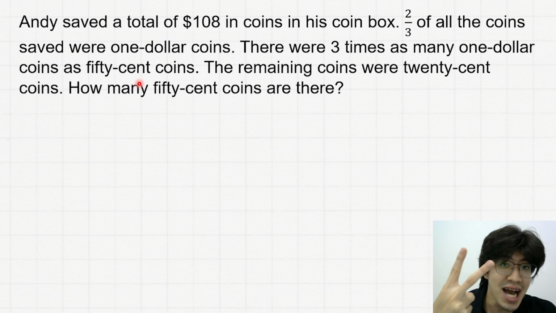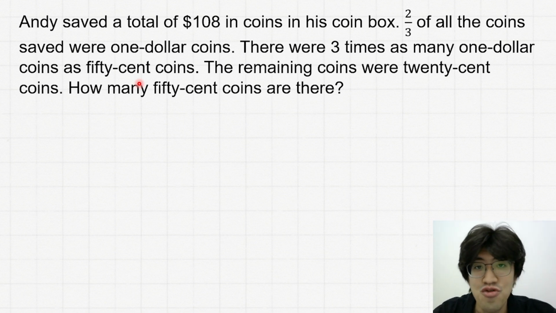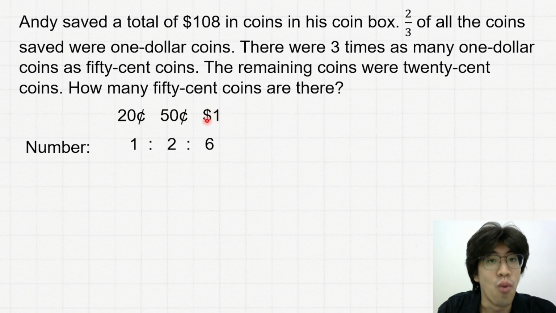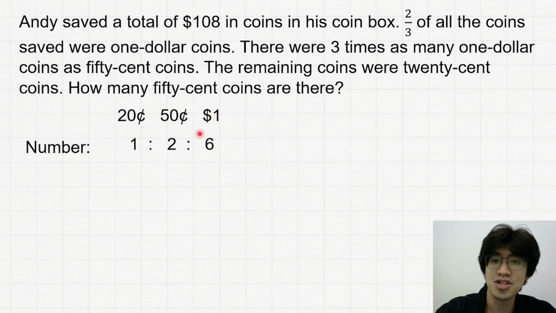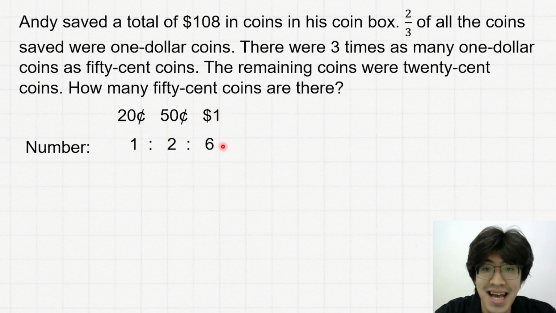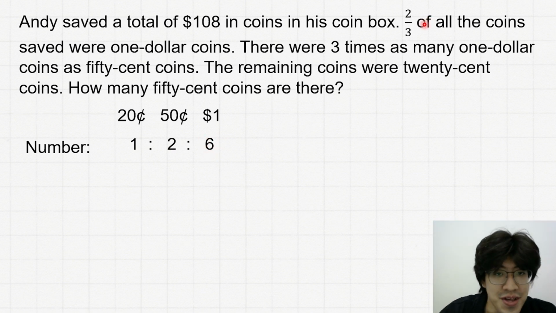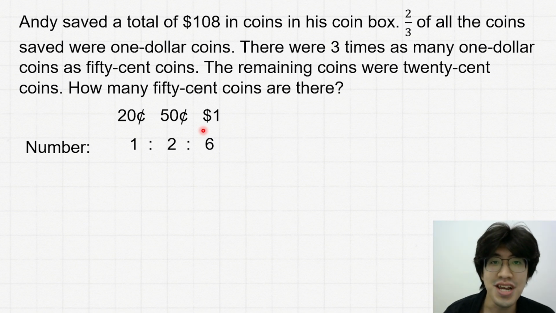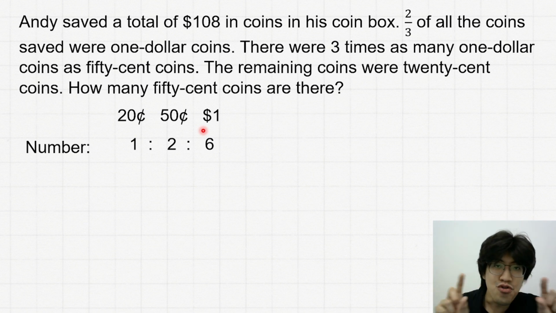So from these two lines, I can get the ratio between 20 cents, 50 cents, and $1. So let's check. In total, I have 9 units, and $1 is 6 out of 9, so it is 2/3. And then it should be 3 times as many $1 than 50-cent coins, so it is 3 times of 50-cent coins. So I have already gotten the number ratio.